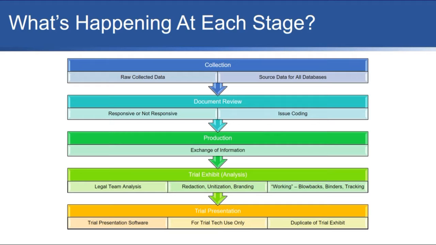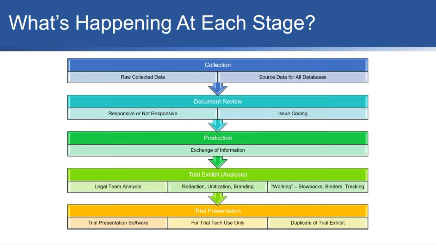The document review database is where the ESI, the raw collected data, is processed and placed so that it can be issue coded and reviewed for responsiveness. Those records are later branded with production numbers and placed into a production database, and that's where the exchanged information is placed between the various parties in a lawsuit.